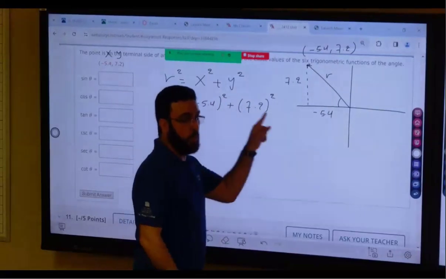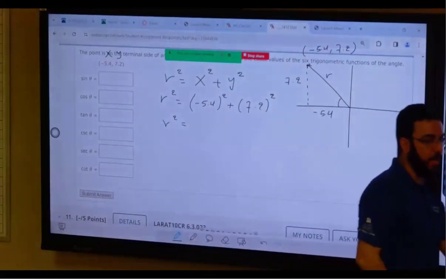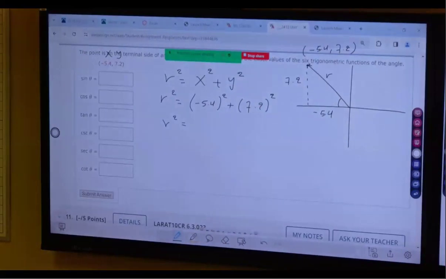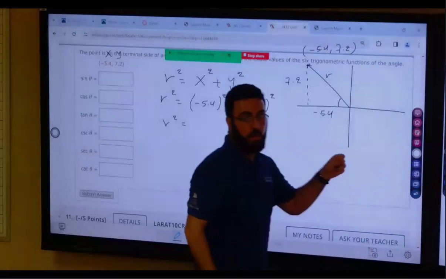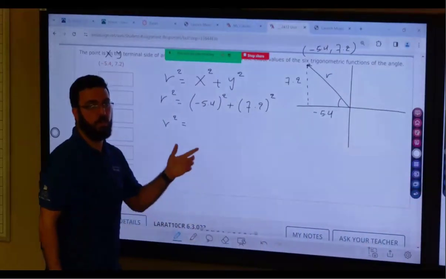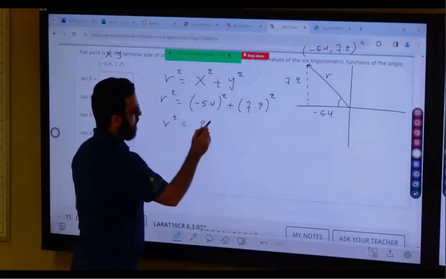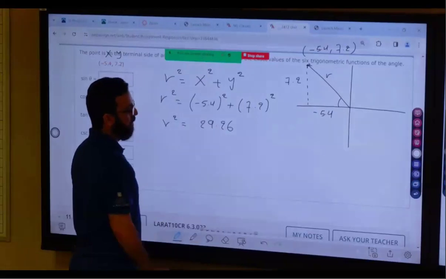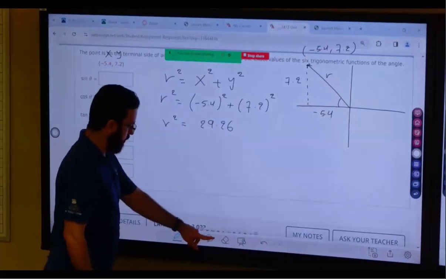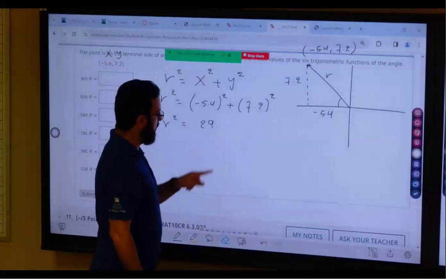Because the square is going to go for the negative sign also. That means negative 5.4 times negative 5.4 gives a positive number, 29.16.